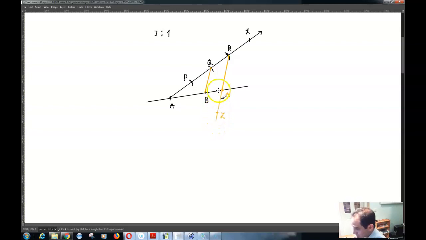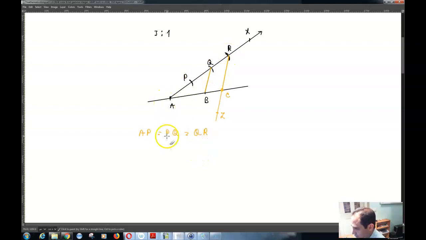So what that means is that these distances are equal, meaning that AP is equal to PQ is equal to QR.